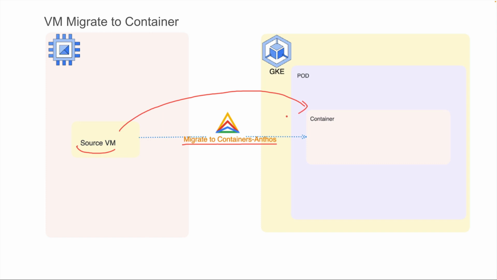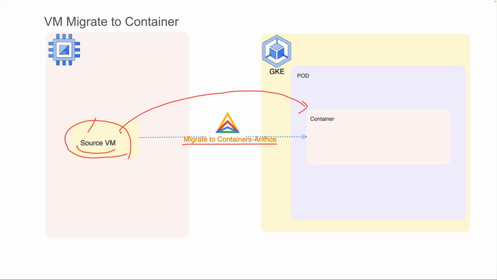So this is the architecture, and the source could be anywhere, like it could be on-prem, it could be a different cloud, or cloud to cloud. So in this demo, I'll just show cloud to cloud.